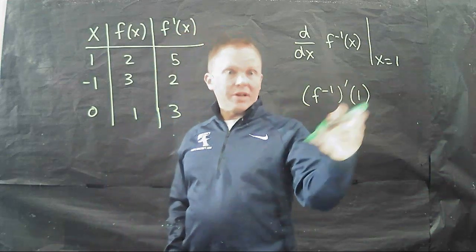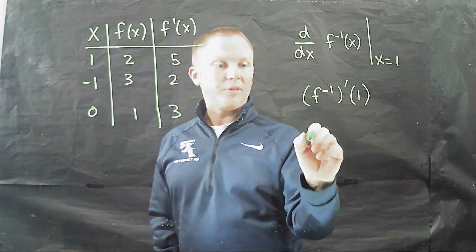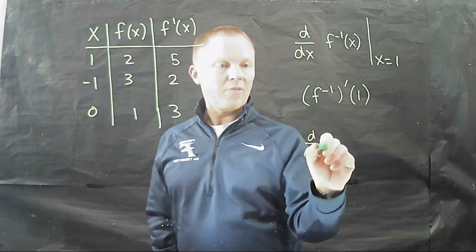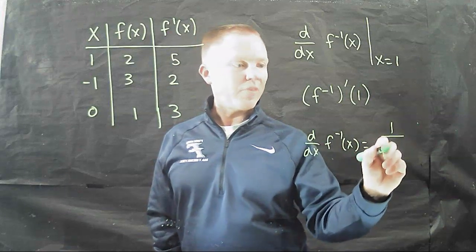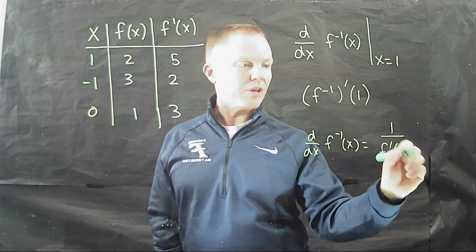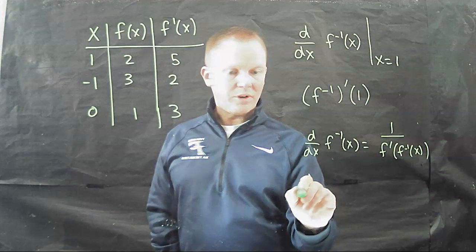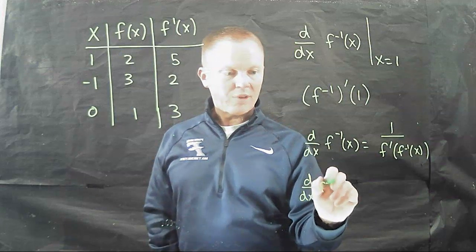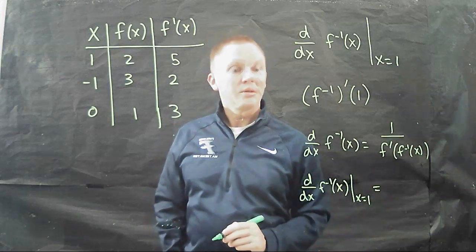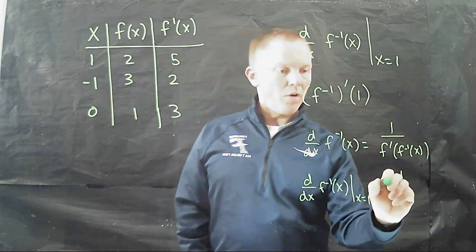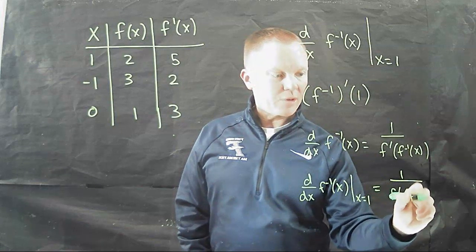Now, the derivative of f inverse at 1, if we use our formula that said that the derivative of f inverse of x is equal to 1 over f prime of f inverse of x. So the answer that we're looking for, the derivative of f inverse of x when x equals 1, is going to be 1 over f prime of f inverse of 1.